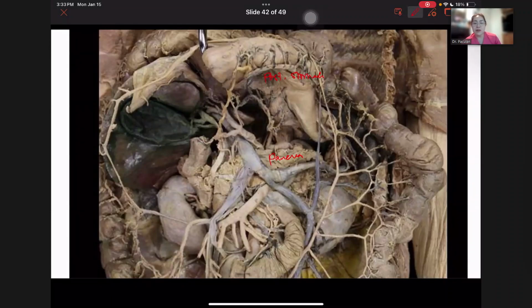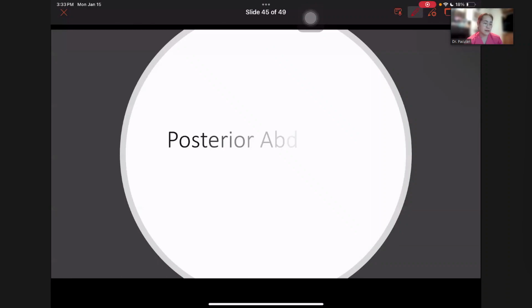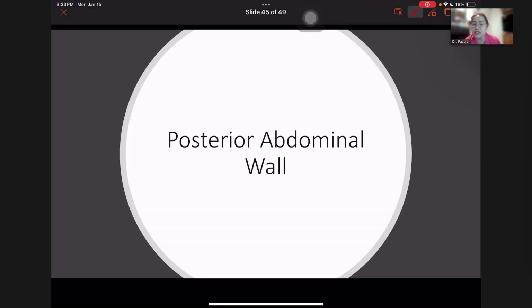Just remember, wait, is it here? No. I did not include it in my slide. But please make sure to read on the omental bursa and its boundaries. What's important is the boundaries. When we study the abdomen or the abdominal organs, it is important to note the boundaries of these structures.